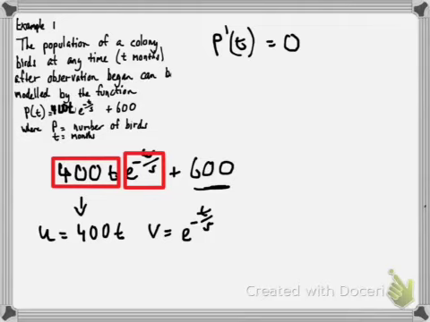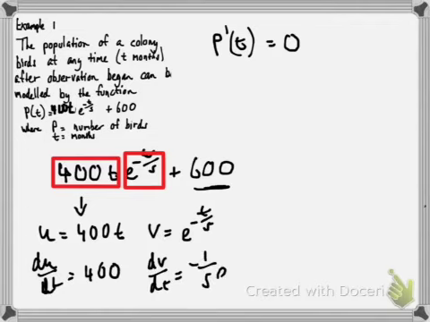Okay, so there's our u and v values. So our du dt is going to be 400, because the derivative of 400t is 400. dv dt, the derivative comes out the front, so the derivative of neg t on 5 is neg 1 on 5, times e to the power of neg t on 5.